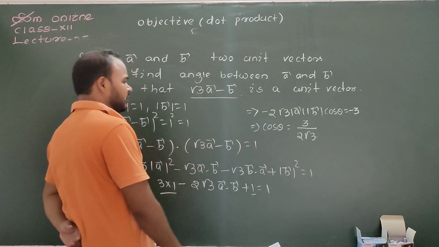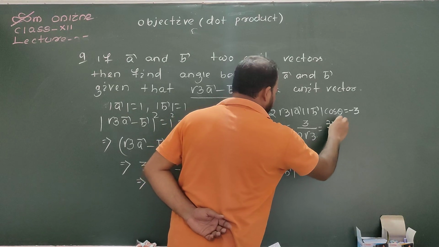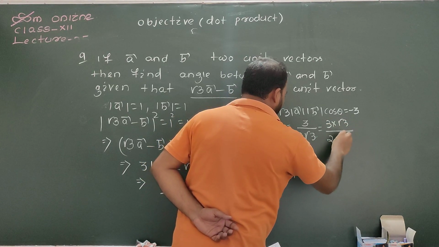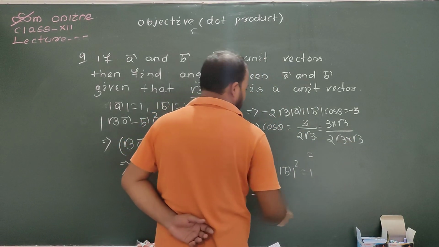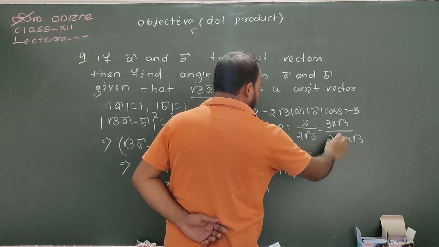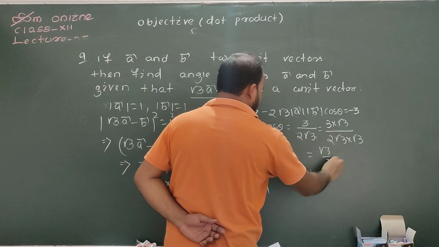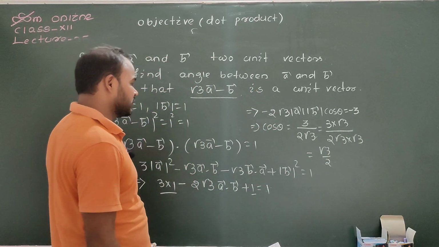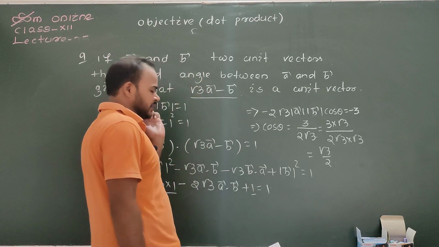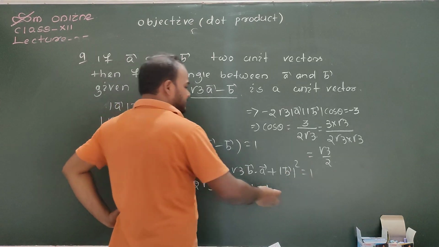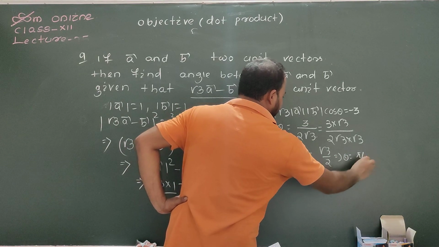Simplifying, 3 into root 3 upon 2 root 3 into root 3, 3 cancels, that is root 3 by 2. So theta equals cos inverse root 3 by 2, which is pi by 6. So theta equals pi by 6.